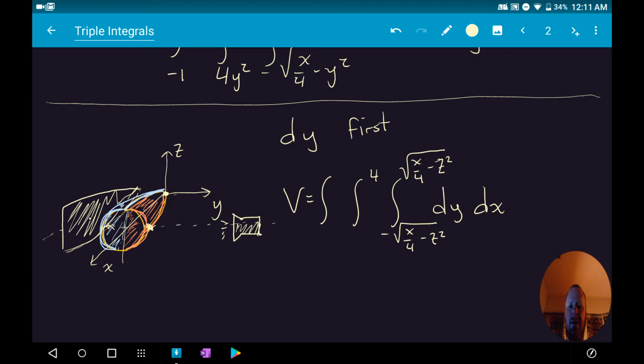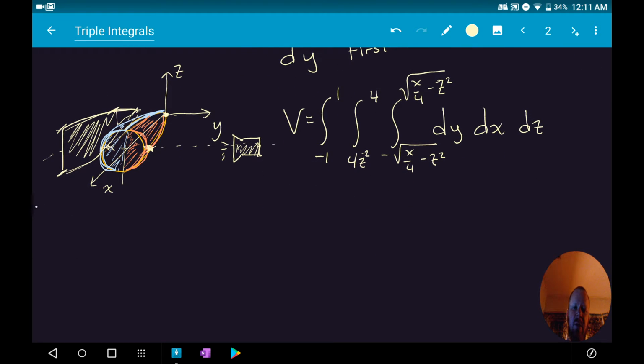And then this piece of it, the parabola, that's going to be the bottom piece, and that is going to be 4z squared. And then our dz, again, that circle is a radius of 1, so that's going to be between -1 and 1.